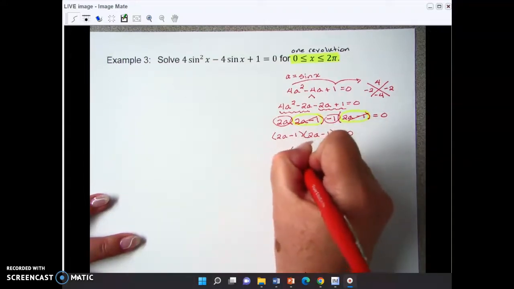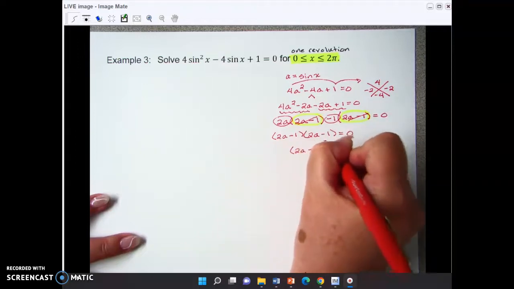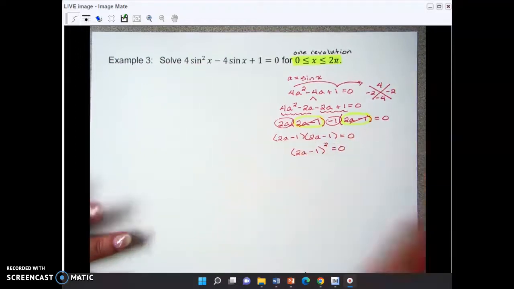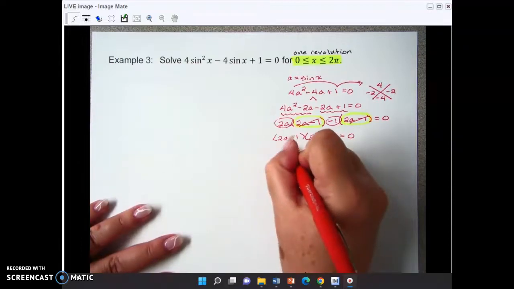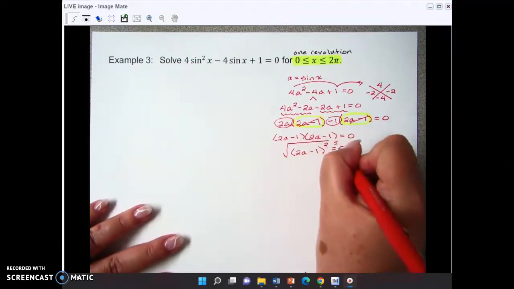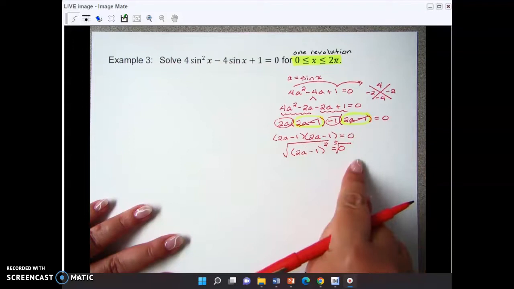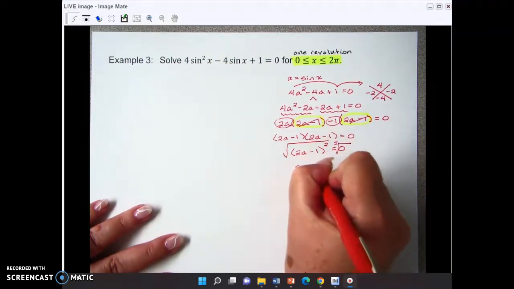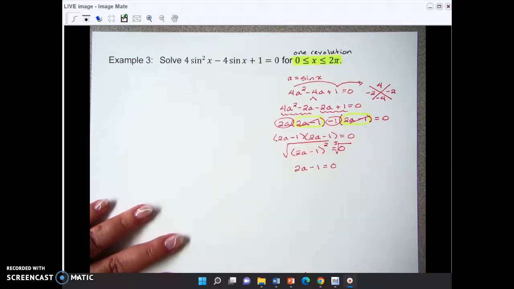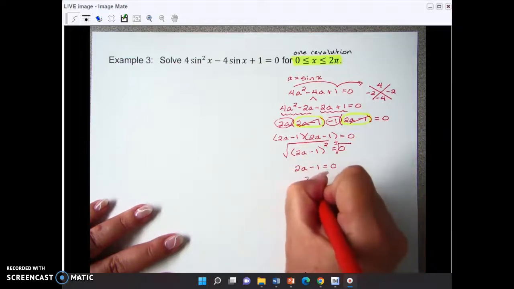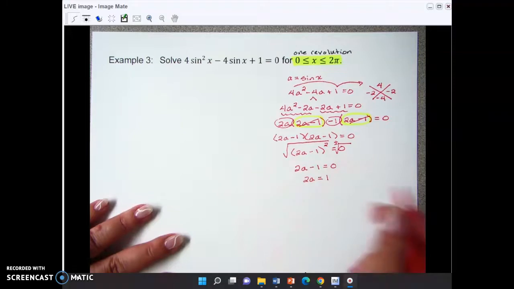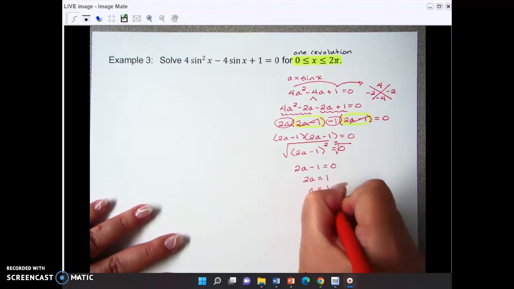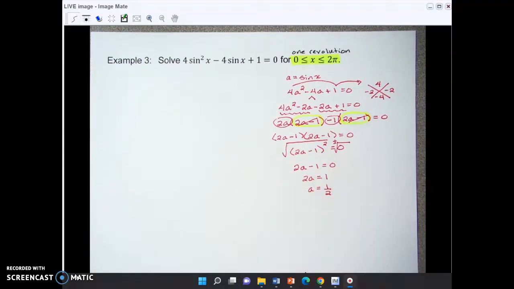So this is saying that 2a minus 1 squared is equal to 0. And then when I take the square root of both sides, I'm going to plus or minus this side. And the square root of 0 is 0. And there's no such thing as plus or minus 0. So we just get 0. So if I add 1, I get 2a is equal to 1. And then dividing by 2 makes a equal to 1/2.